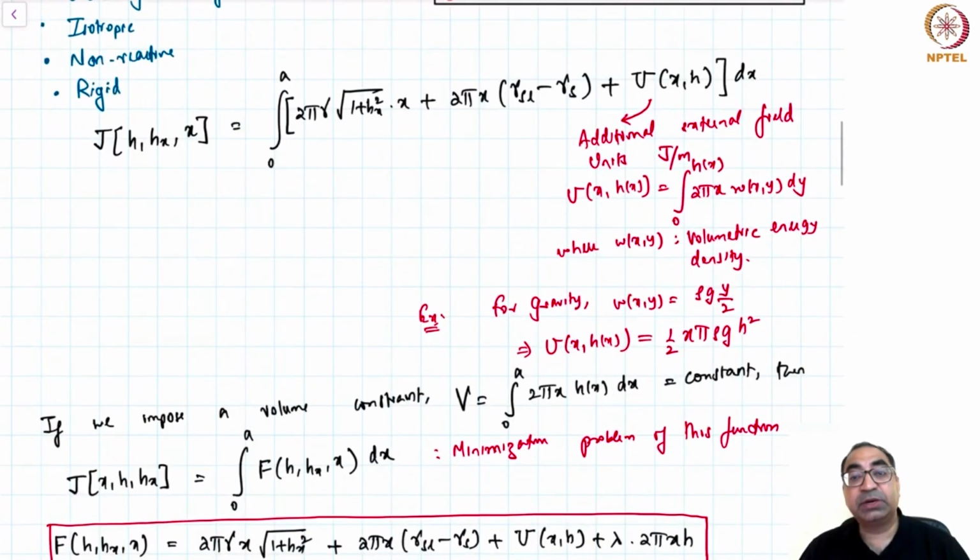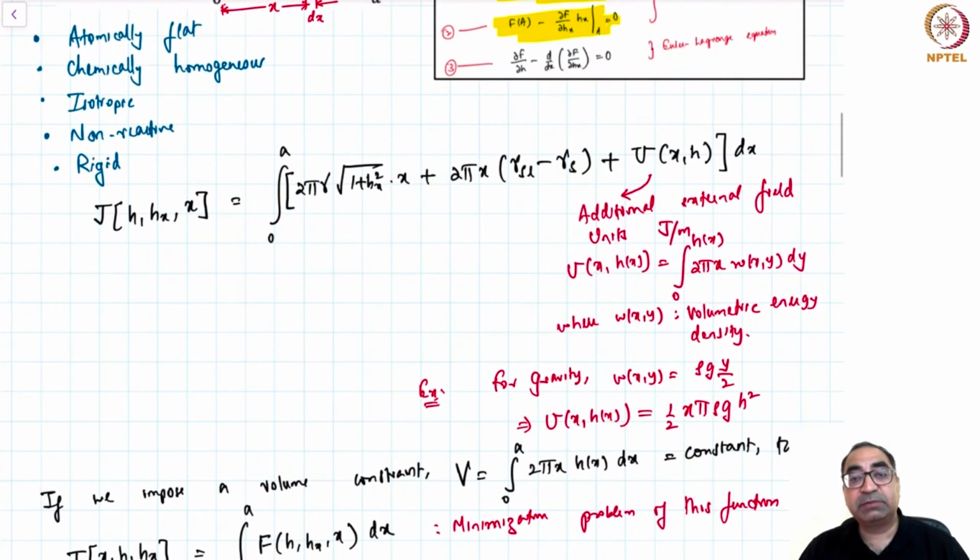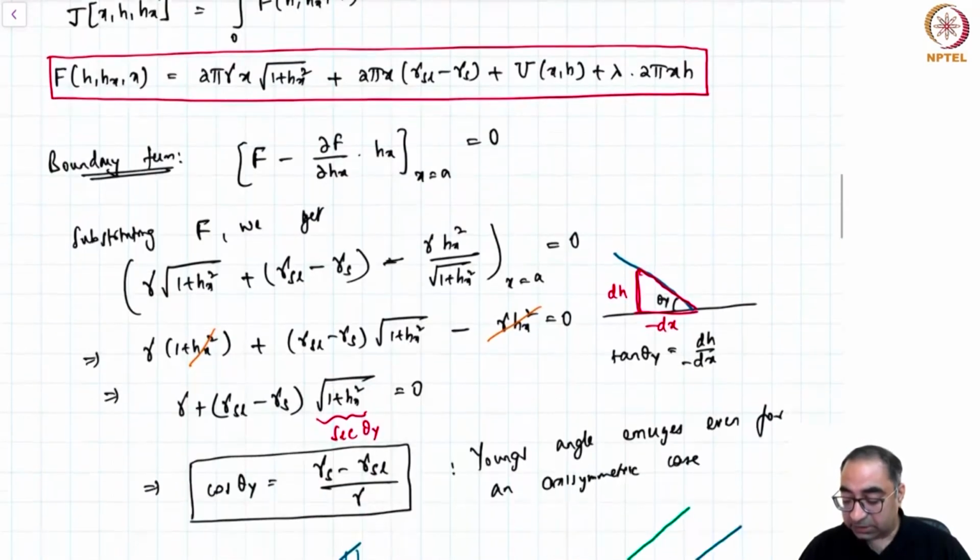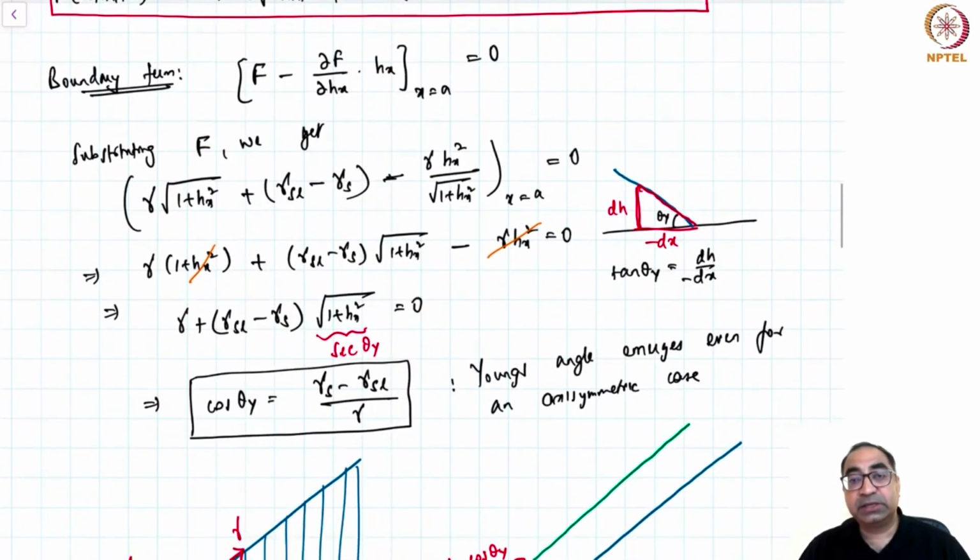We have not included gravity per se, but instead we have put an arbitrary external field, and we notice that irrespective of these differences, the result finally is the same as far as the contact angle boundary condition is concerned. The contact angle condition that emerges from this is again the Young's angle.